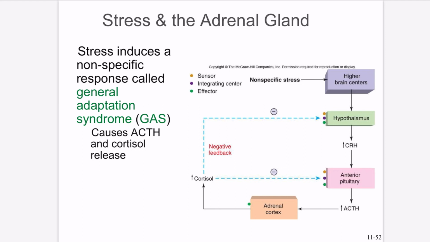This increase in cortisol will act on both the hypothalamus and the anterior pituitary to reduce their endocrine effects, to inhibit excess cortisol release.